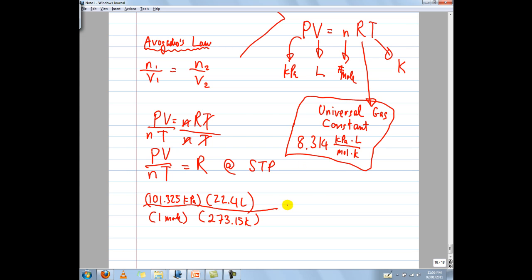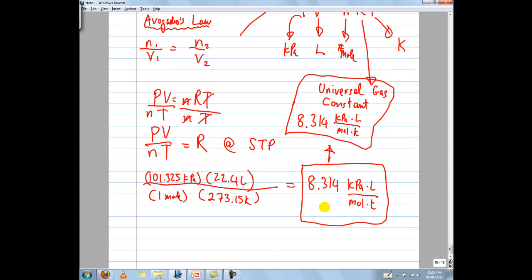If you plug all these numbers in, you get 8.314, and take a look at that, kilopascal liters per mole Kelvin. And that's where we get the universal gas constant from. So if you forget this number, you can always just plug in your values for STP and calculate it out. Now, how I like to remember this is I think of 8 pi.